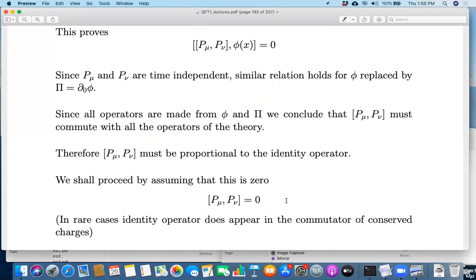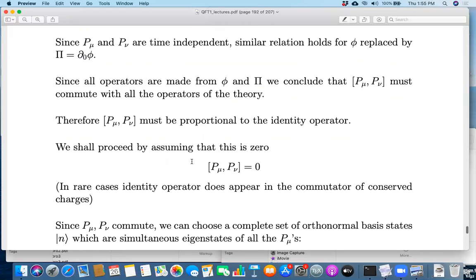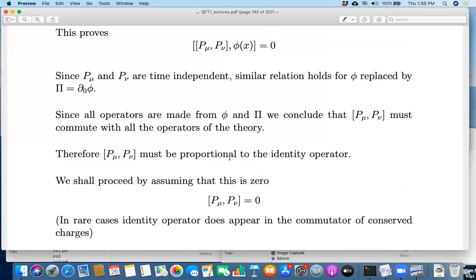Identity operator on any state gives you back the same state. So the reason that it's a consistent assumption that the vacuum is annihilated by p mu relies on the fact that there is no term proportional to the identity operator on the right hand side of this commutator. Are there questions?